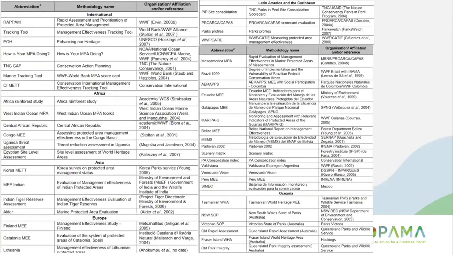So there is a big toolbox with different tools, and here applies the expression in English, horses for courses. And these tools were developed and adapted and changed to meet a need in certain protected areas in certain parts of the world.